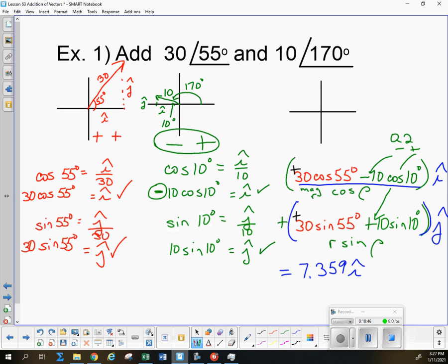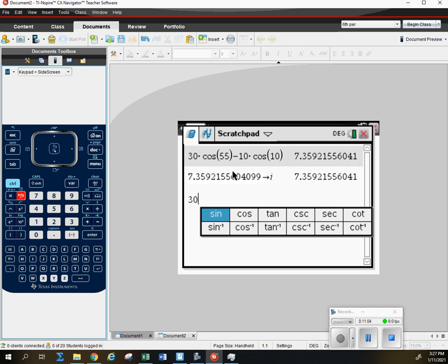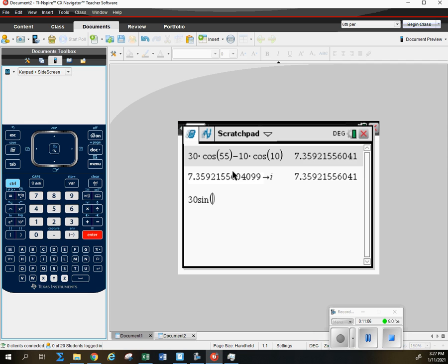Now I need to do the j hat. So now I'm going to enter 30 sine 55 plus 10 sine 10, and let that give me the j hat part. So back to my calculator now. So we just said this time it is 30 trig for sine 55. And let's suppose I forgot to go outside the parentheses. Let's see what that's going to look like.